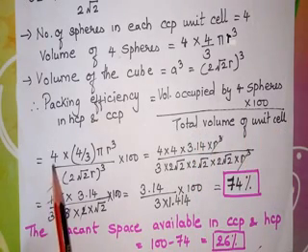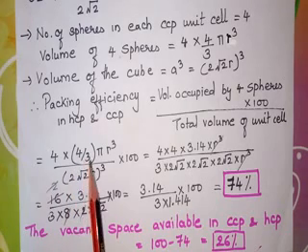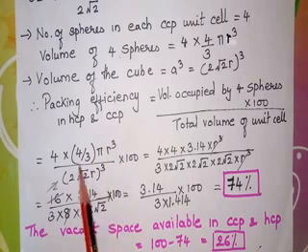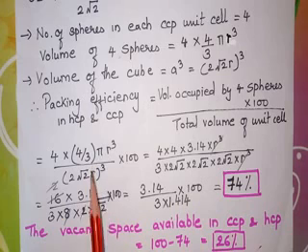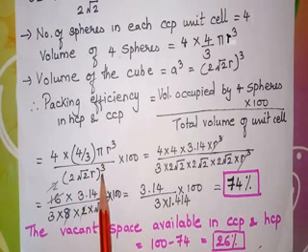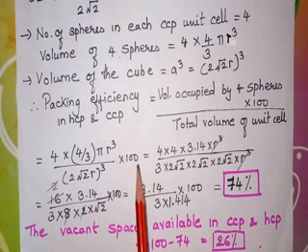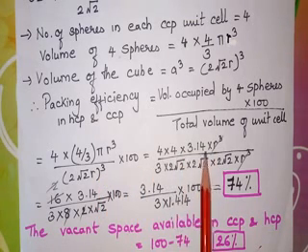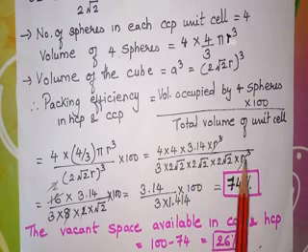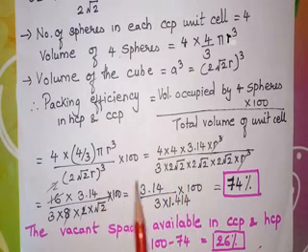So 4, that is the number of spheres, into 4 by 3 pi r cube, which is the volume of one sphere, divided by 2 root 2 r whole cube, that is the total volume of the unit cell, into 100, and we substitute the values for pi.